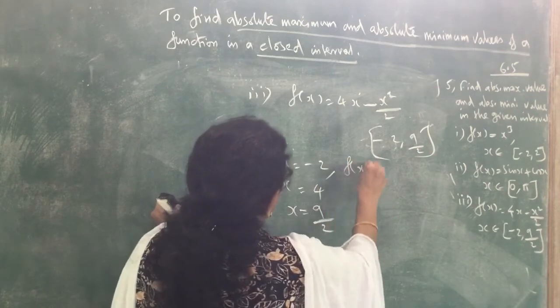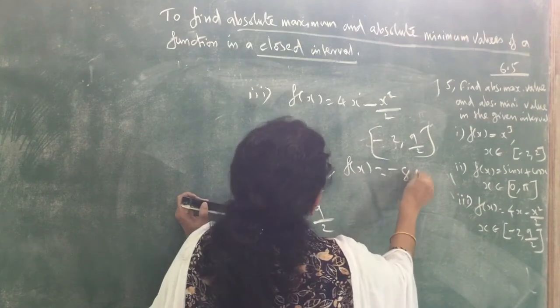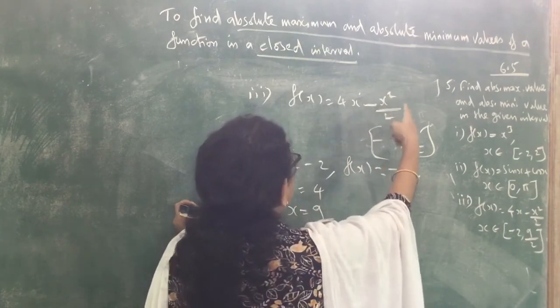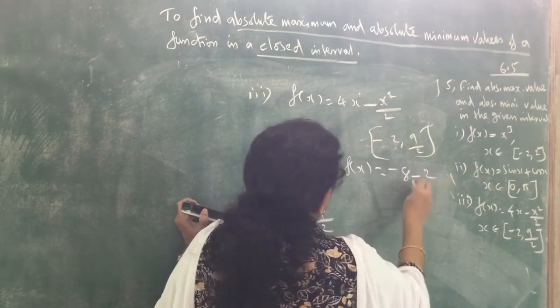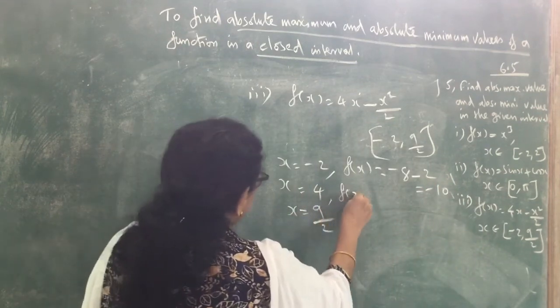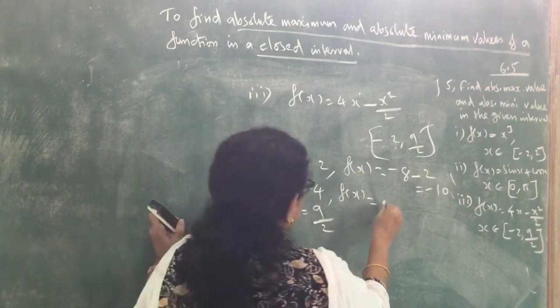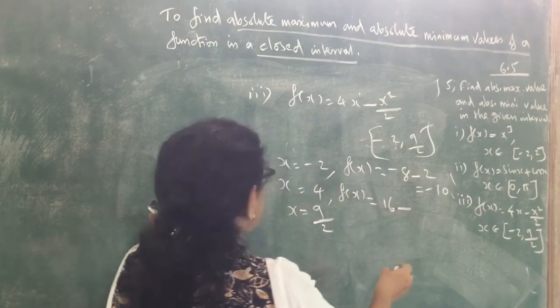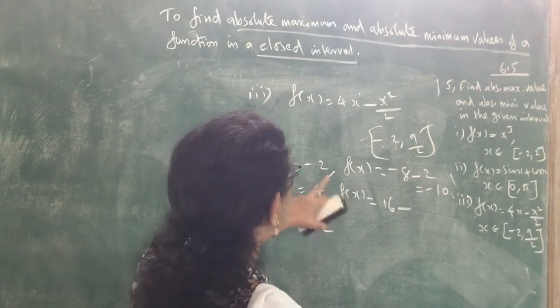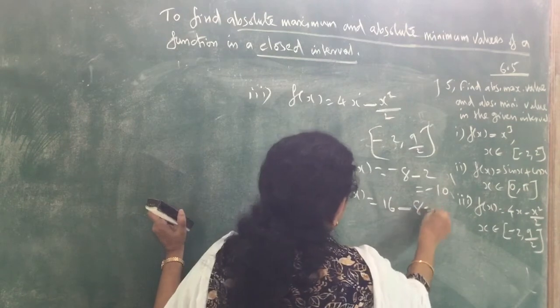So f(x) when x = -2: 4 into -2 is -8, minus (-2)^2 = 4, 4 by 2 is 2, so that is equal to -10. Then for x = 4, f(x) = 4 into 4 = 16, minus 4^2 = 16, 16 by 2 is 8, that is equal to 8.